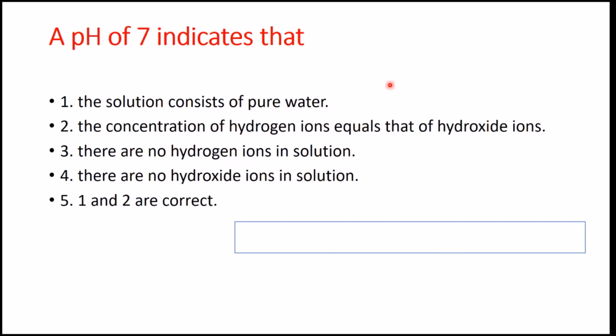Do you know what I'm saying? Because if the concentration of hydrogen ions is 3, how can it equal the hydroxyl, since the hydroxyl has to be basic? I don't know if you understand what I'm trying to say.